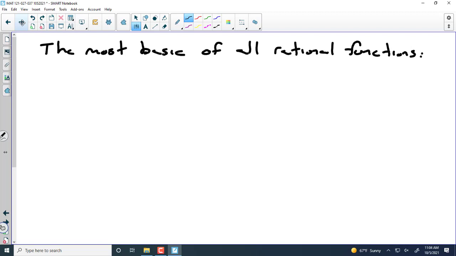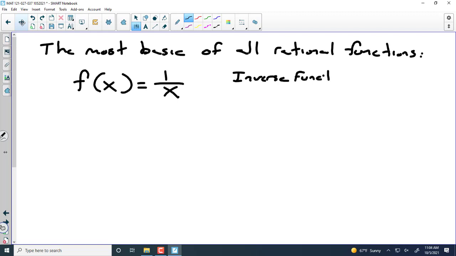We had those basic functions in our first unit. X squared, x cubed, cube root of x, square root of x, absolute value of x. Here's kind of another basic function. It's the most basic of all rational functions. This is kind of the simplest rational function you can write, 1 over x. It is sometimes called the inverse function.